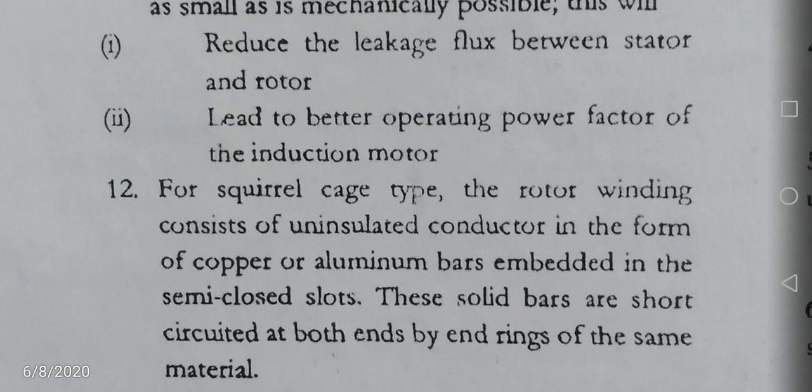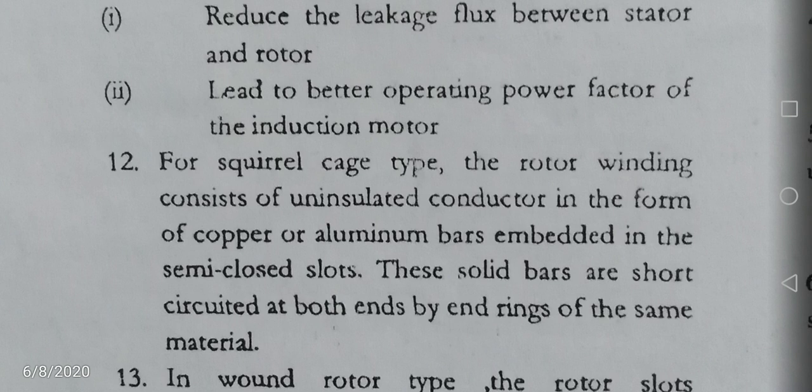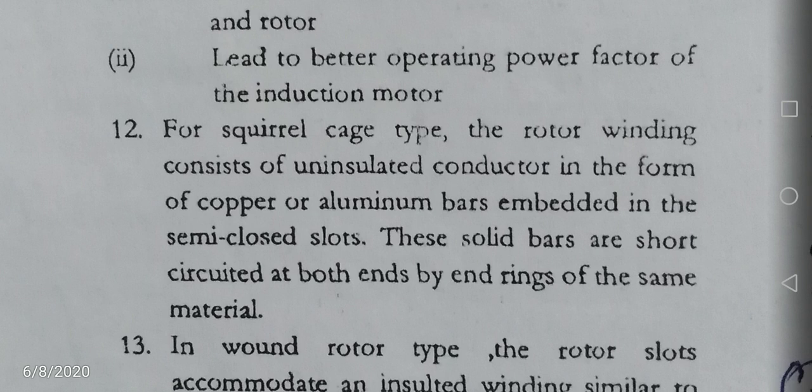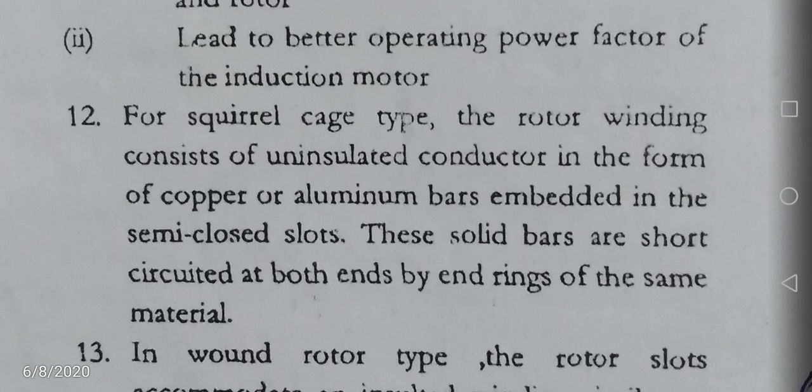For squirrel cage type, the rotor winding consists of uninsulated conductors in the form of copper or aluminum bars embedded in semi-closed slots. The solid bars are short-circuited at both ends by end rings of the same material.